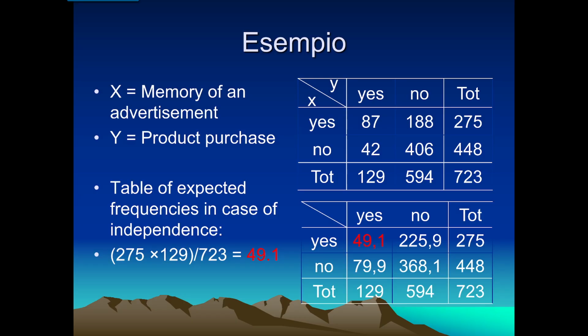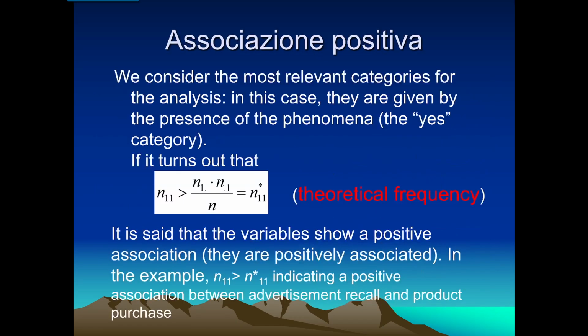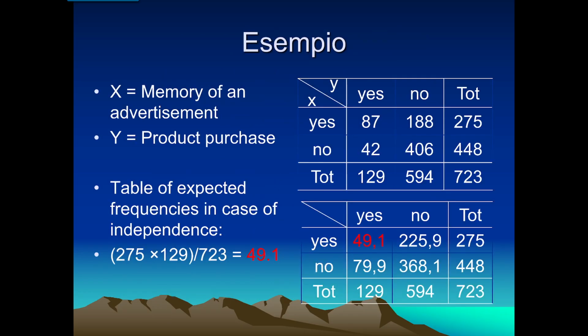Okay, with the computer, you compute all of them. We say that there is a positive association, in Italy, associazione positiva, if the real frequency is greater than the theoretical frequency, which is our case, because the real frequency is greater than the expected.